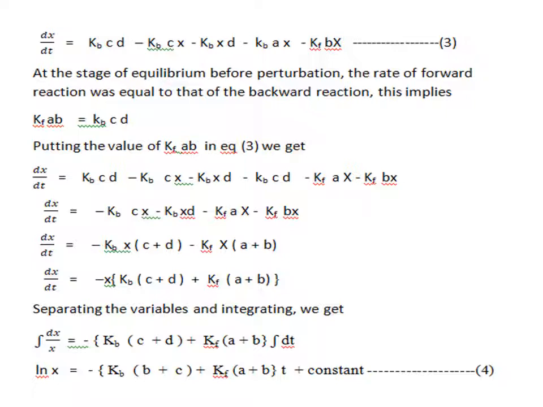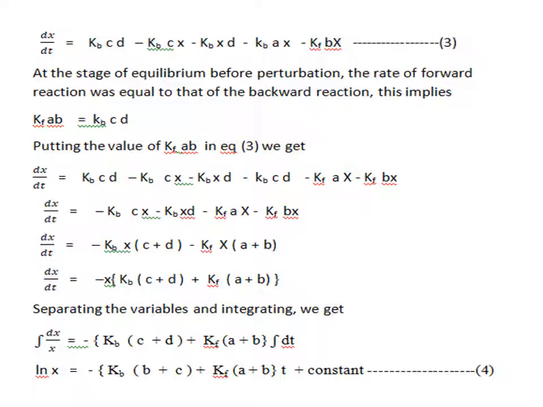Putting the value of Kf AB in equation 3, above equation 3, we will get dx over dt equal to Kb into CD minus Kb into Cx minus Kb into xD minus Kb into CD minus Kf into Ax and minus Kf into Bx.